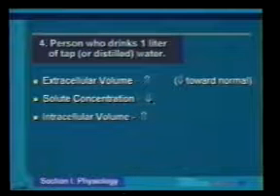Now, again, we use our same reasoning here. If you're taking in fluid, then you're adding fluid to the extracellular compartment. Therefore, the volume in this compartment will increase overall. No other possibility. If you're taking in pure water, then the extracellular salt concentration decreases.